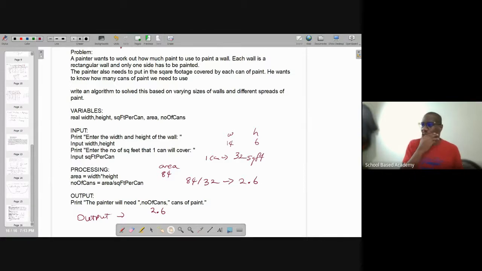That's what you want to say? Yes. What we could do is use a combination of integer division and modulo division to achieve that result.